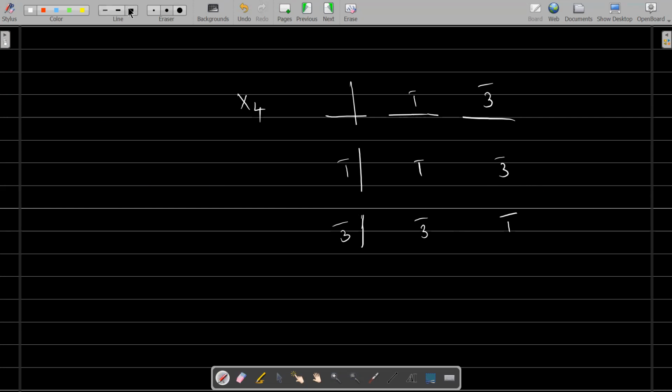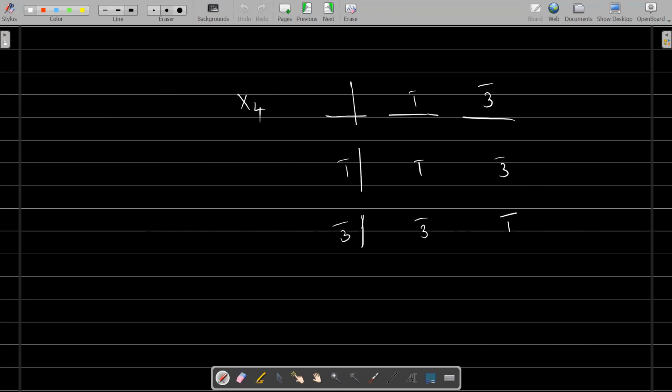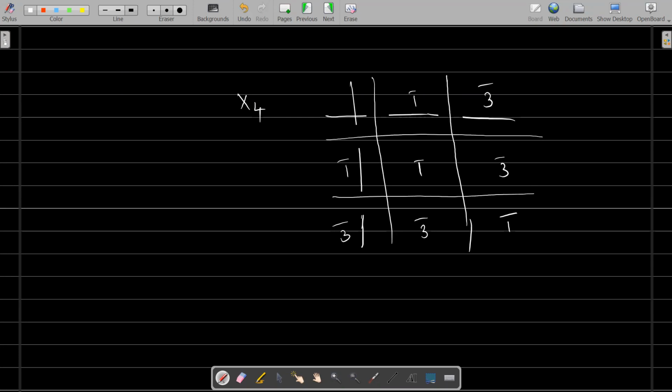In fact, let me tell you a nice criterion for a finite set. If you form a table, and every element occurs in each row and each column exactly once, then that's a group. So now you see this is a group. 1 bar, 3 bar. See that the answers are once again inside the set. 1 bar has an inverse, that is 1 bar itself. 3 bar has an inverse, that is 3 bar itself.